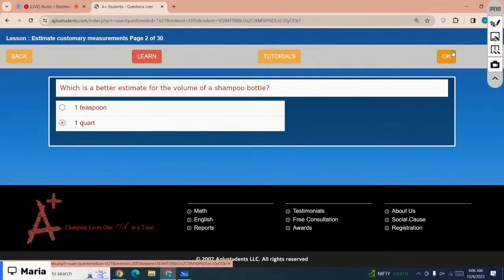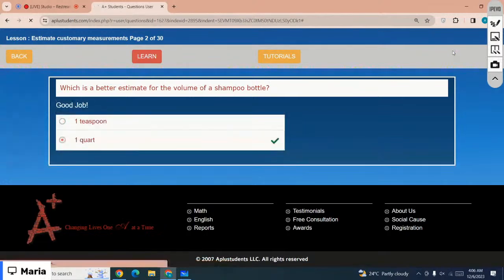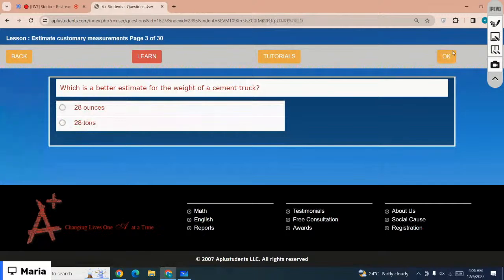Okay, the next one is, okay, I forgot to click on the OK button. Which is the better estimate for the weight of a cement truck? 28 ounces or 28 tons? Which is the correct option?